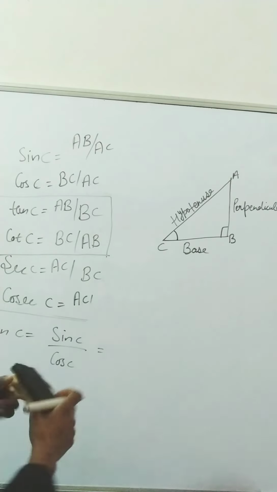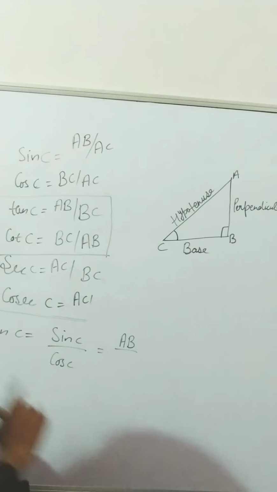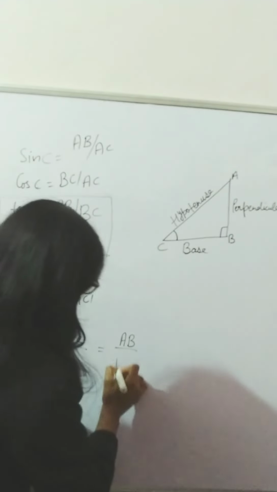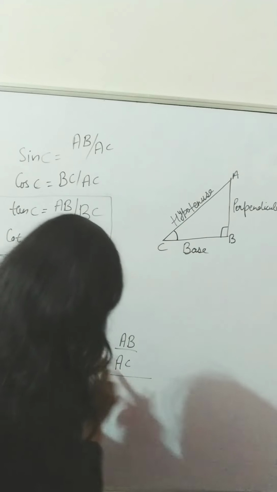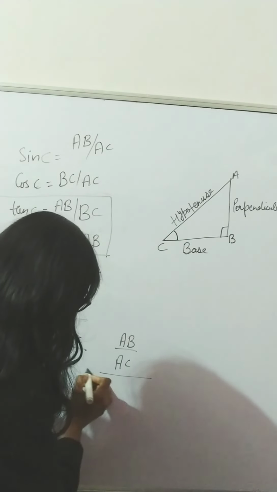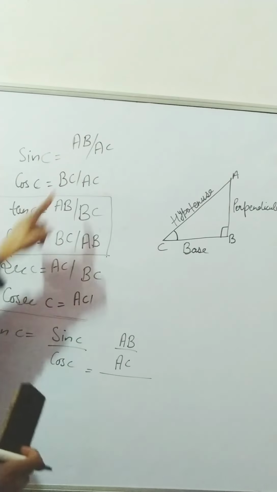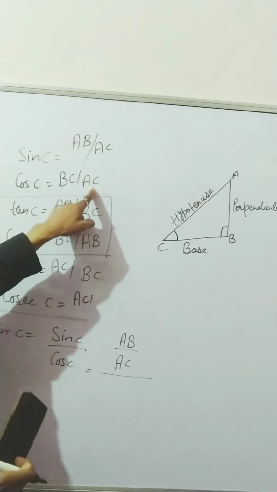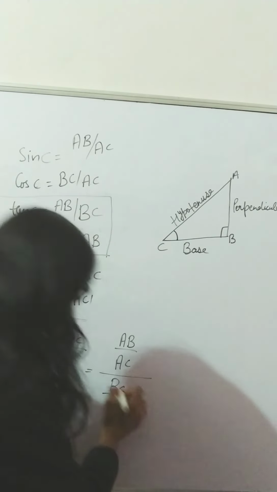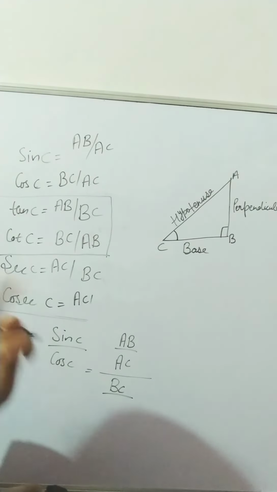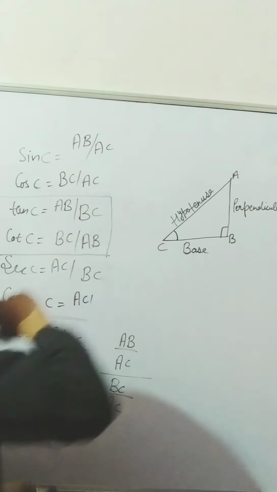Sin C is AB, where AB is perpendicular, divided by AC, where AC is hypotenuse, divided by cos C, which is BC divided by AC, where BC is base and AC is hypotenuse, as we can see in this figure.